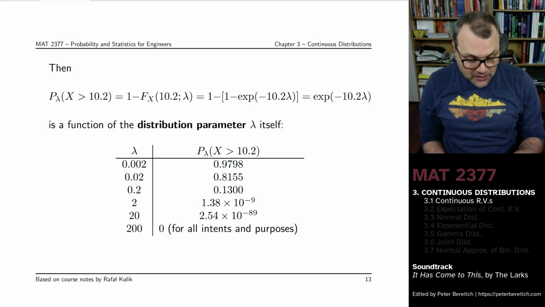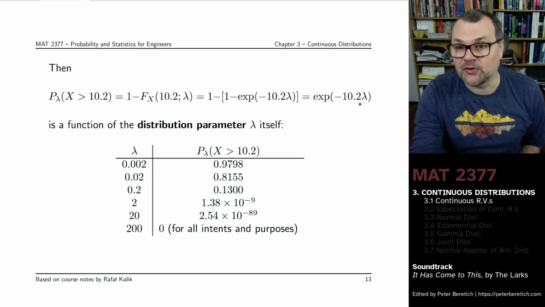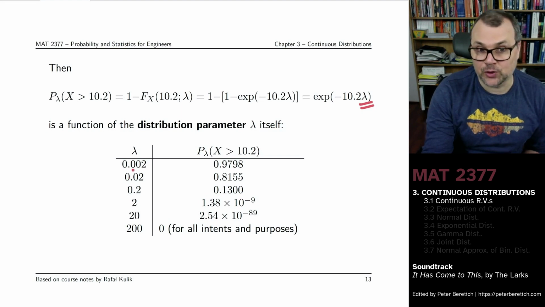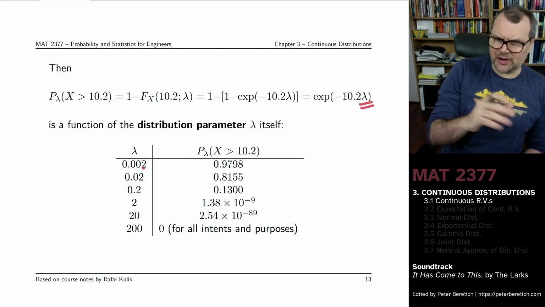So the probability that it's greater than 10.2 actually depends on what your value of lambda is. For instance, if lambda was 0.002, the probability that your x would be greater than 10.2 would be pretty high, about 98%. If lambda was 0.02, the probability would still be high, but slightly smaller, about 82%.